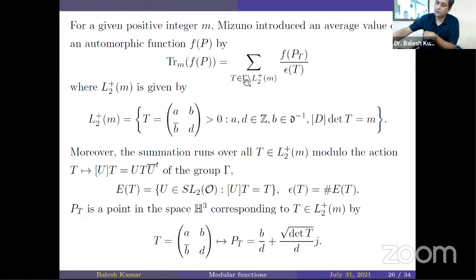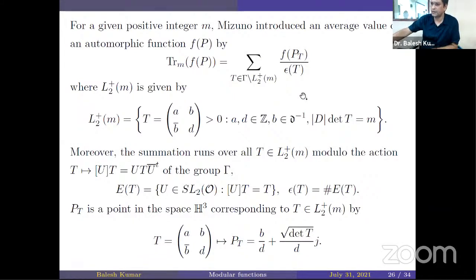And so if you take an automorphic function f, he defines the m-th trace of this automorphic function as a summation over all these binary Hermitian forms modulo the action of SL2(O). Let me just say that SL2(O) acts on this L2 plus m, and this action is given as T goes to UT like this.